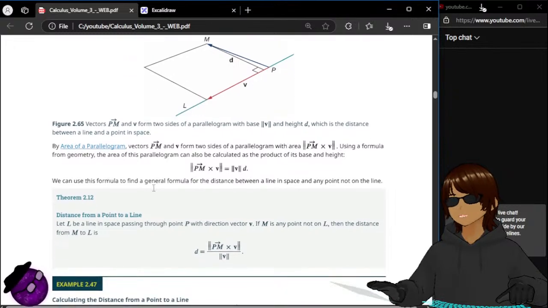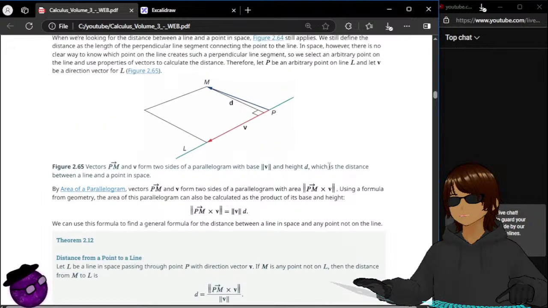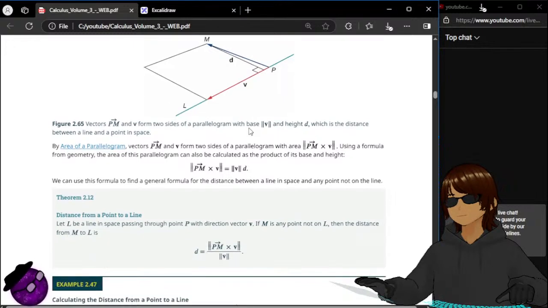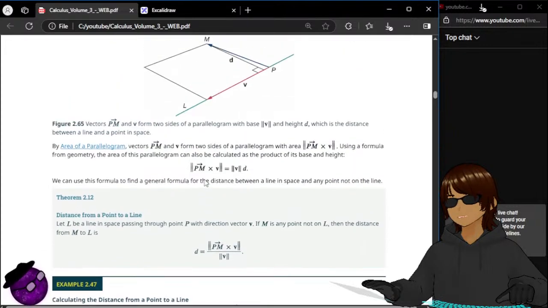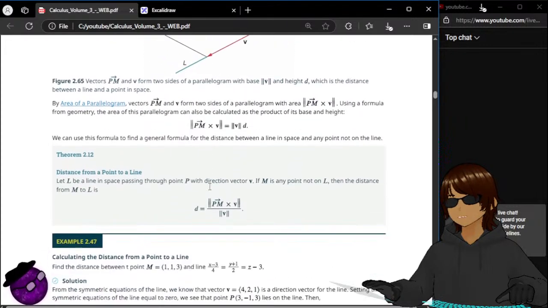We can use this formula to find the general formula for the distance between a line in space and any point not on the line. So the d is basically the height of the parallelogram. Also, I forgot how you do cross product.